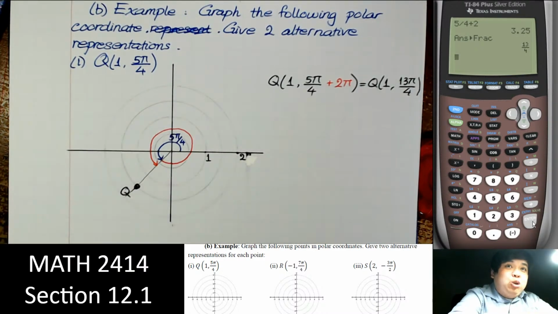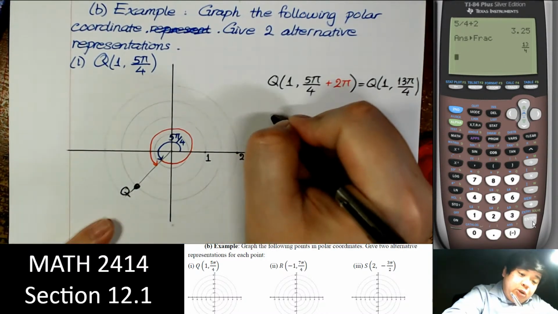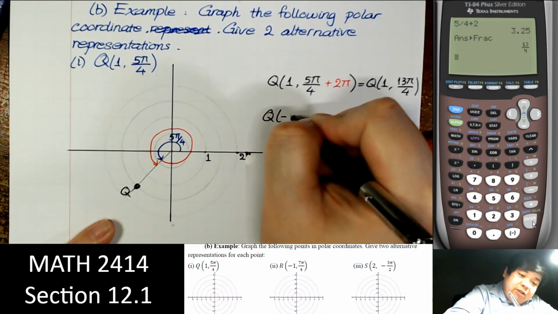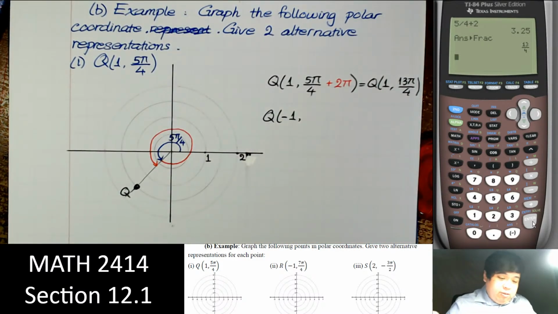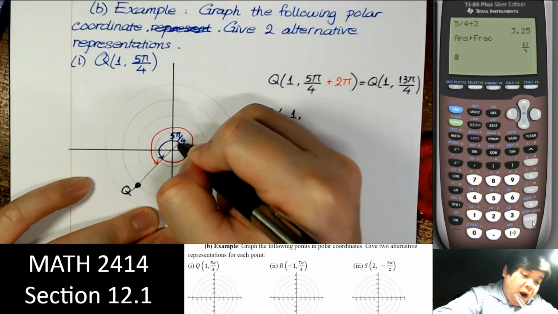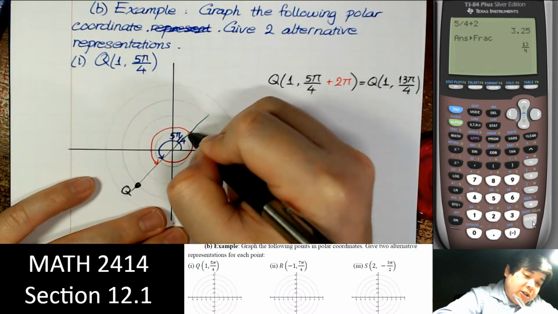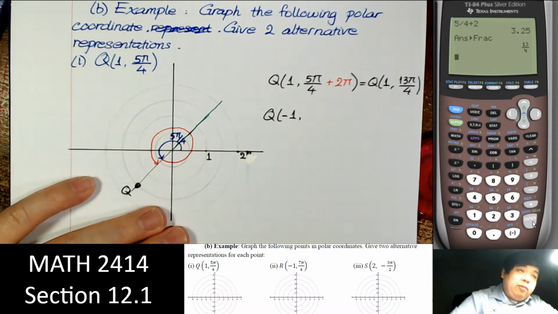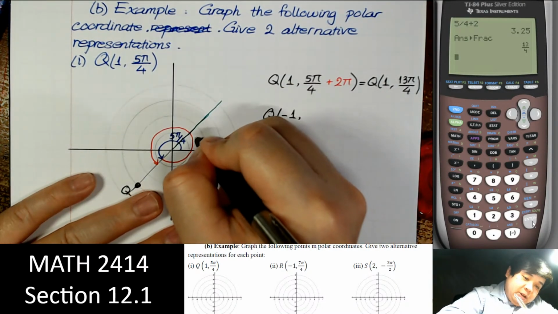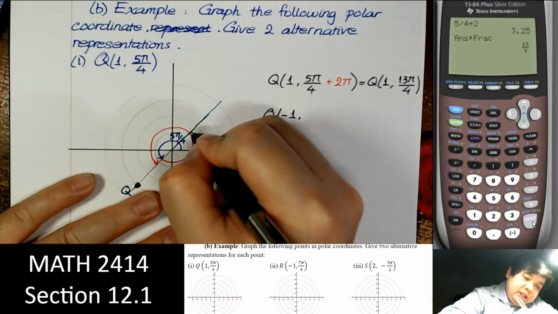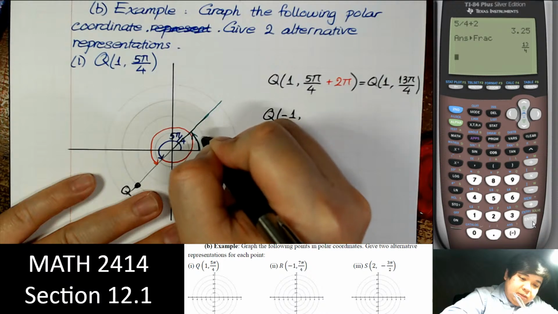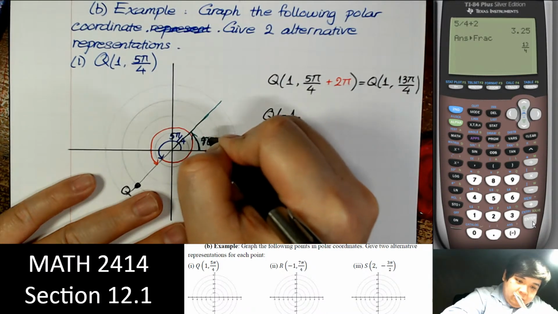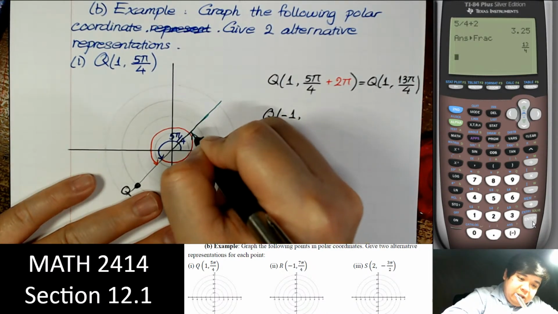So that's one way to do it. We can add another 2 pi to it, or subtract 2 pi from it. It doesn't matter. Another way to do that is, what if we take the negative 1? Now, if we go with negative, we will have to go in the opposite direction. And this angle is going to be 45 degrees, or pi over 4.